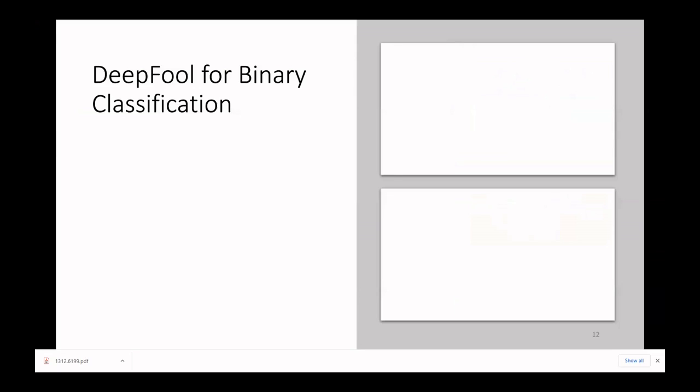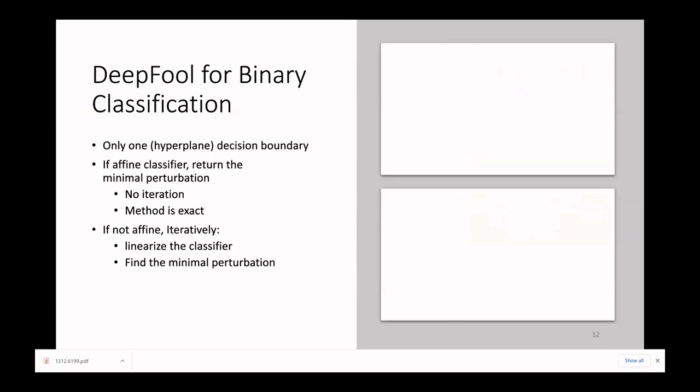All right, so here is the DeepFool algorithm for binary classification. In this case, there is only one hyperplane. If the classifier is already linear, we just find the minimal perturbation and the distance, there is no iteration, and the method is exact.